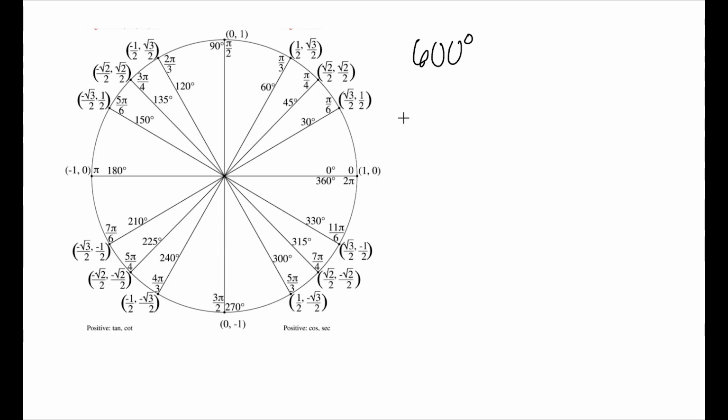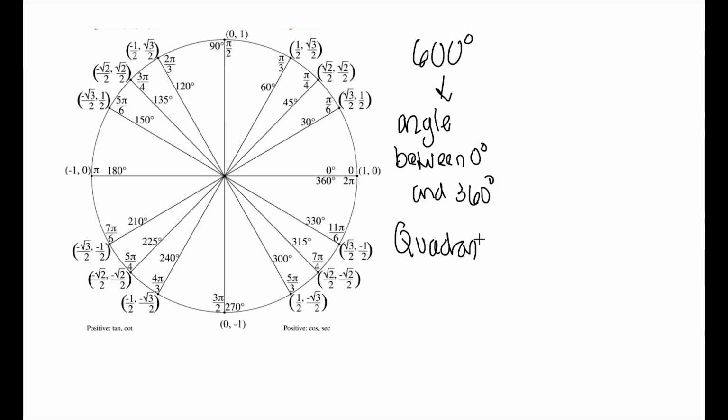You want to find the angle between 0 and 360 that it corresponds to, the quadrant, and then sine, cosine, and tangent. So the first thing we do, if it's greater than 360, is we subtract 360 until we get an angle that's between 0 and 360.